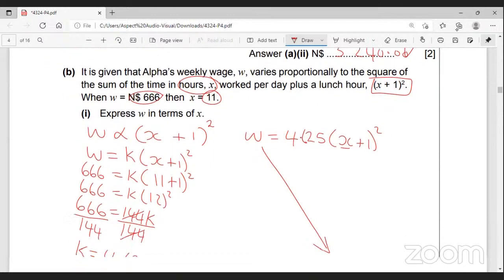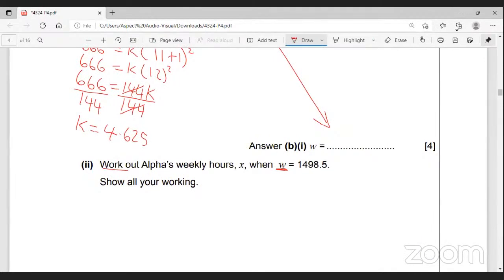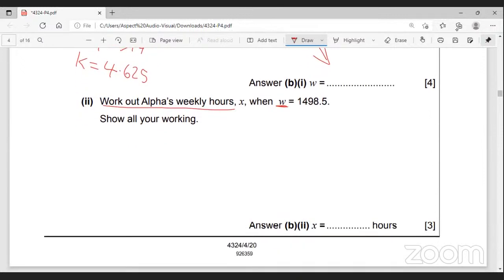That's why they are saying X is hours. That's why we should work out Alpha's weekly hours. The equation is W equals 4.625 of X plus 1 squared.